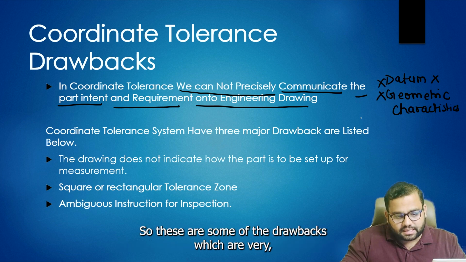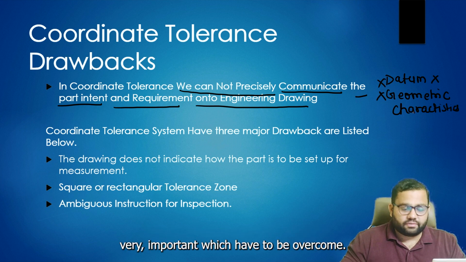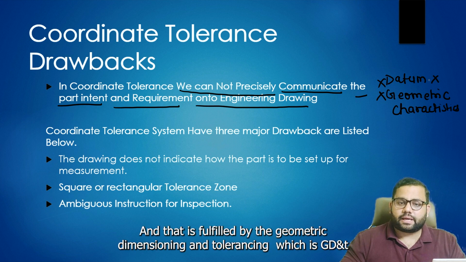These are some of the very important drawbacks which have to be overcome, and that is fulfilled by geometric dimensioning and tolerancing, which is GD&T.